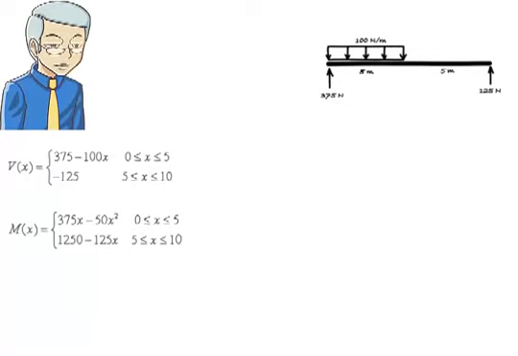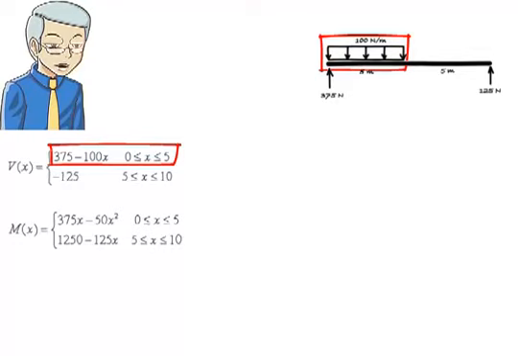For shear, we have two equations. For the left segment of the beam where x is between 0 and 5, shear equals 375 minus 100x. This represents a line segment. To draw it, we need 2 points, say the segment's endpoints.